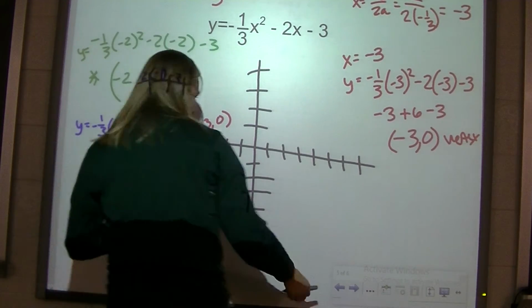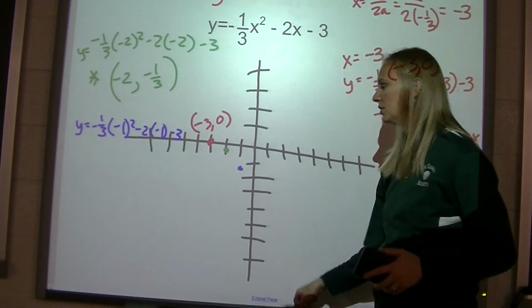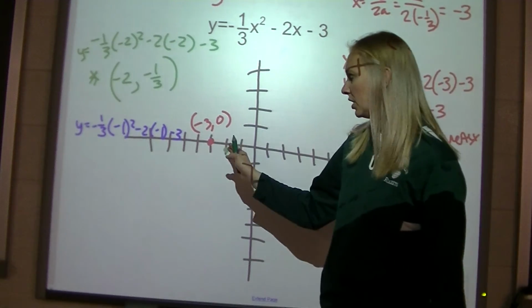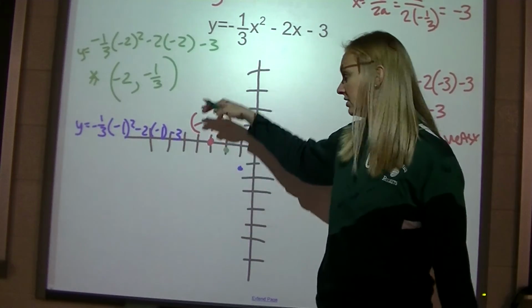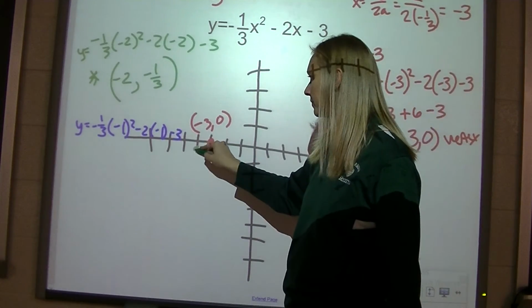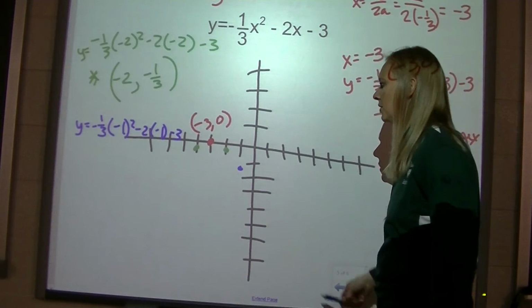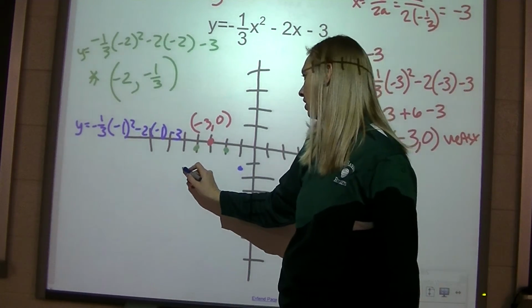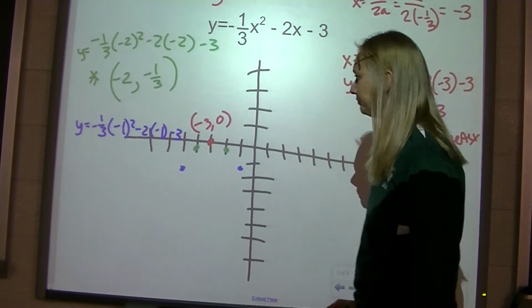Now also remember, we can plot corresponding points. Since this is 1 away to the right, I know we're going to have 1 to the left that's going to be 1/3 down, just like this one. So we'll plot that corresponding point, and then this corresponding point will be at -5, 2 away, and 4/3 down.